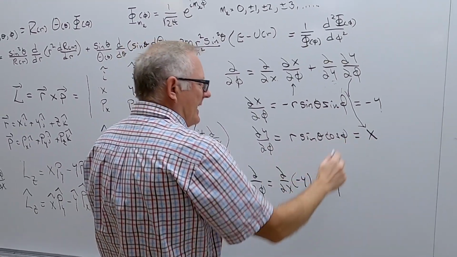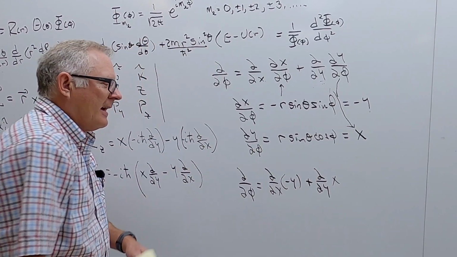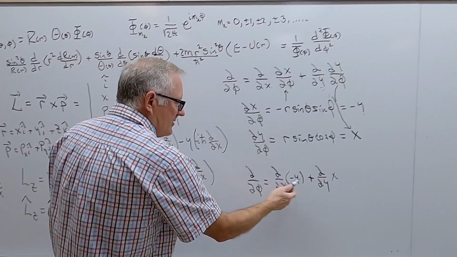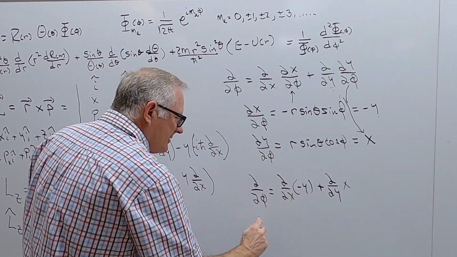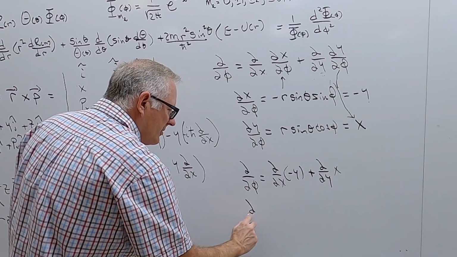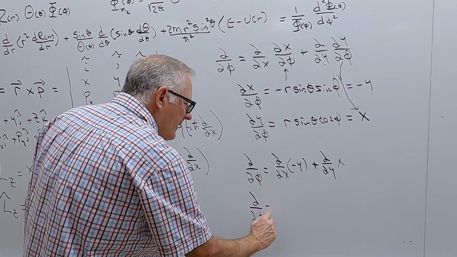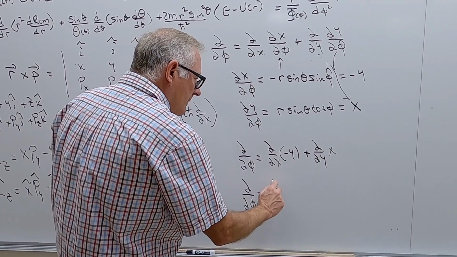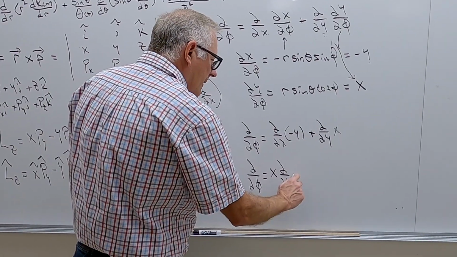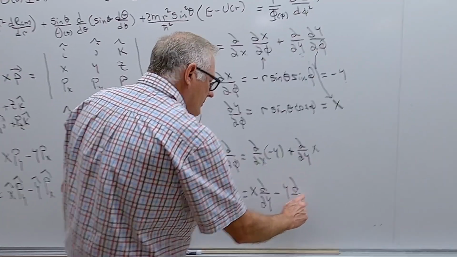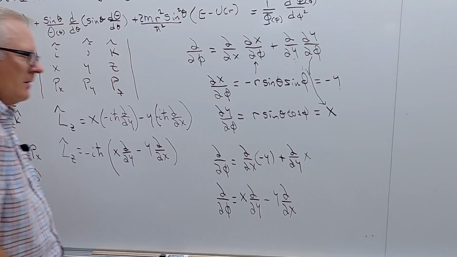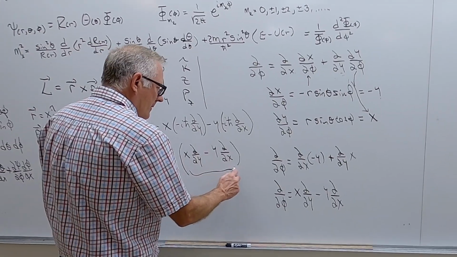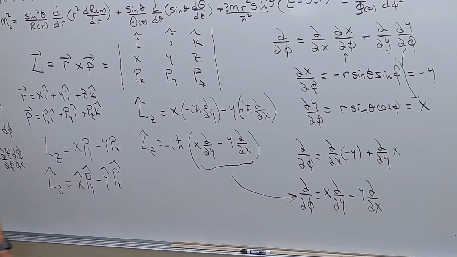Now, I can bring this y out in front and this x out in front, because you're not doing anything with x or y right there. So partial with respect to phi is equal to, let me put this term first since it's positive, x partial with respect to y minus y partial with respect to x. Well, that looks familiar. That's what I have right here.